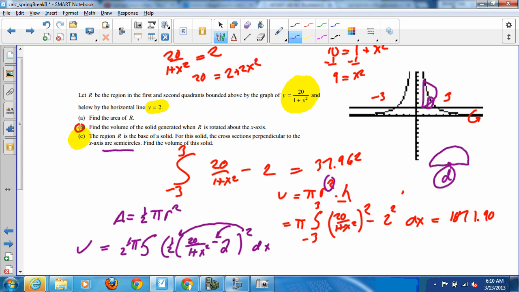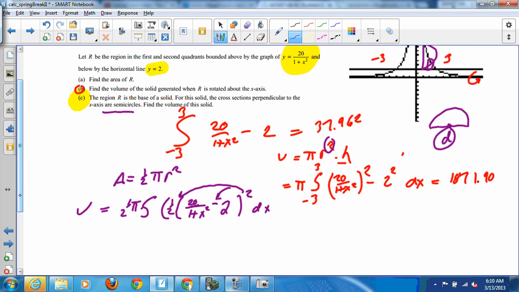Well, the first one, if we square 1/2, we get 1/4. So 1/4 can become another constant. If you multiply 1/4 times 1/2, you get that pi over 8 is our constant. And we're still going from -3 to 3. And so now what we have is this squared.